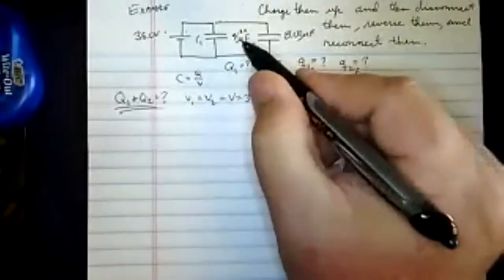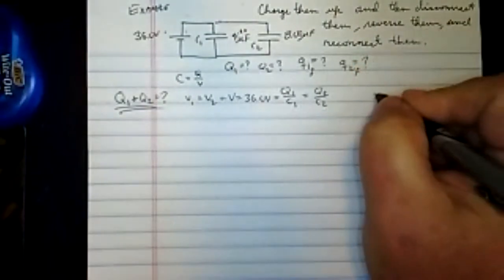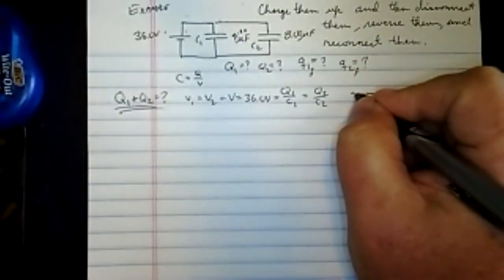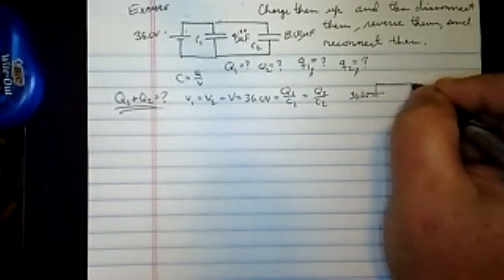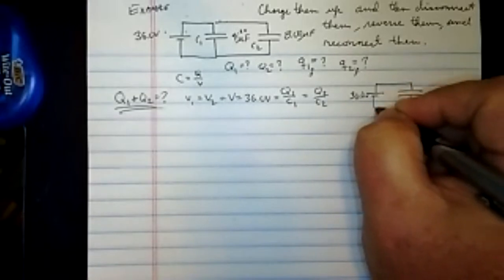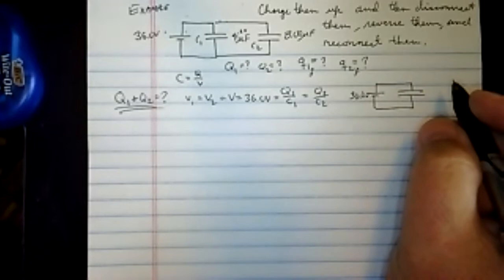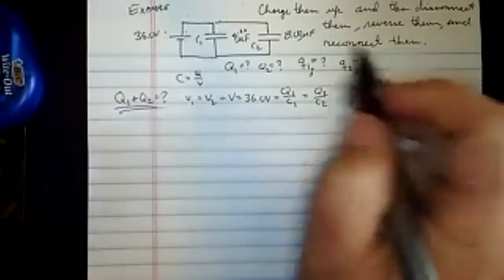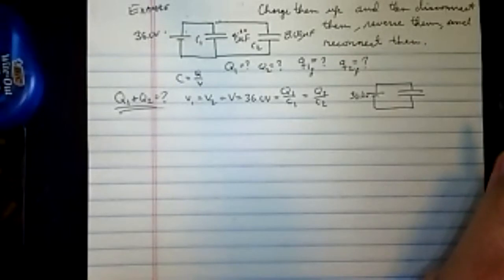But what I do know is I can replace this capacitor with an equivalent one. Anybody know what that equivalent capacitance would be? I've got a 4 microfarad and an 8 microfarad, and they're in parallel.